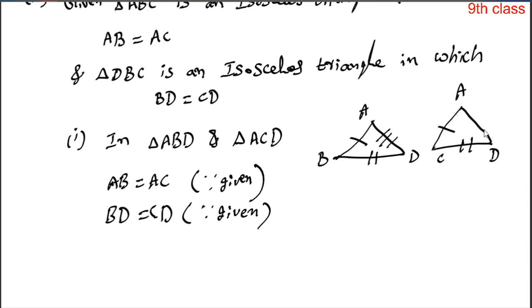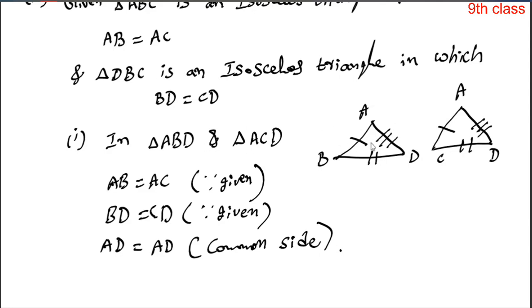Next, AD is equal to AD. AD is the common side of triangle ABD and triangle ACD. Common side.